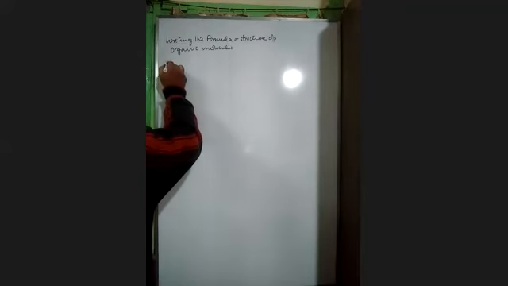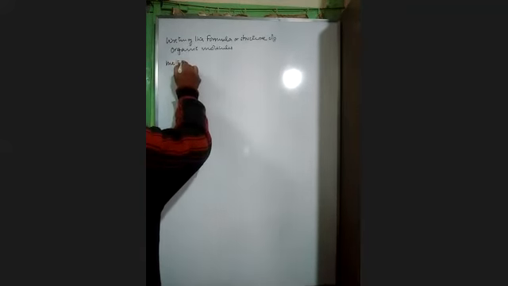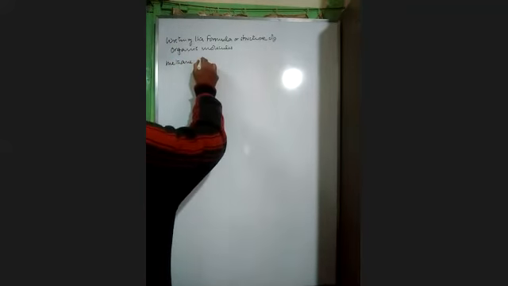You know now, methane. Methane formula is CH4. Ethane contains 2 carbon and 6 hydrogen. So methane we write like this, CH4.